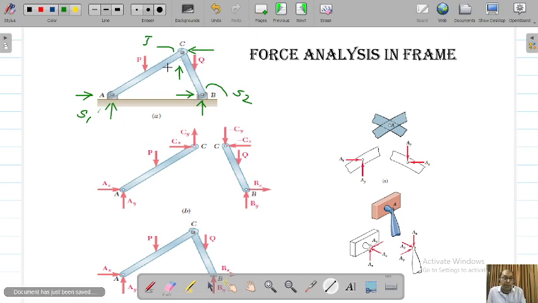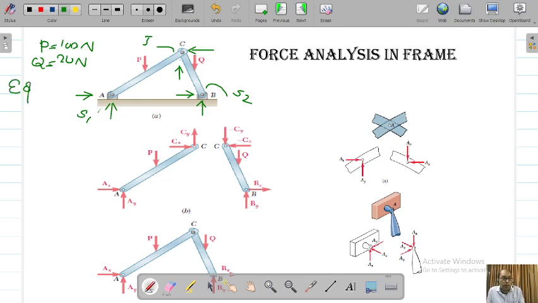We assume P and Q are known, for example P equals 100 Newton and Q equals say 20 Newton, whatever it is. Now we cannot solve it directly because how many equations of equilibrium do we have here? Equations of equilibrium are 3.